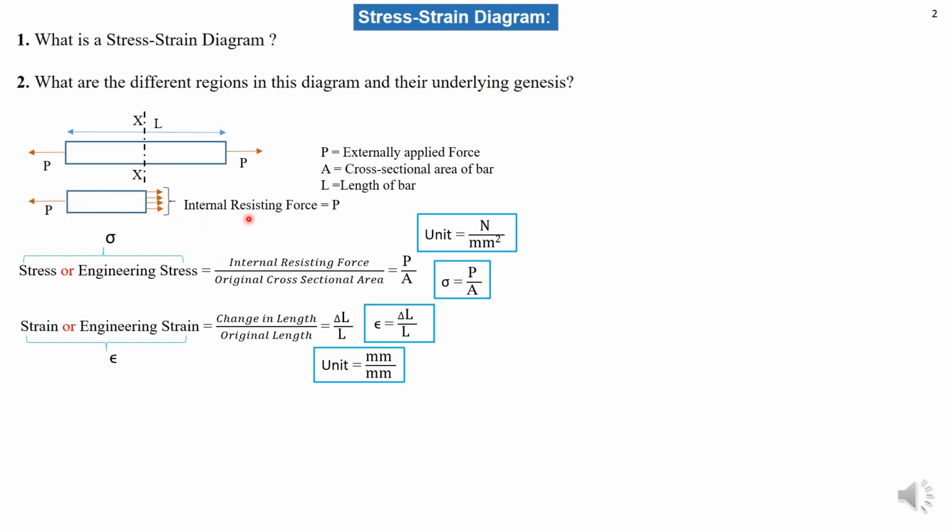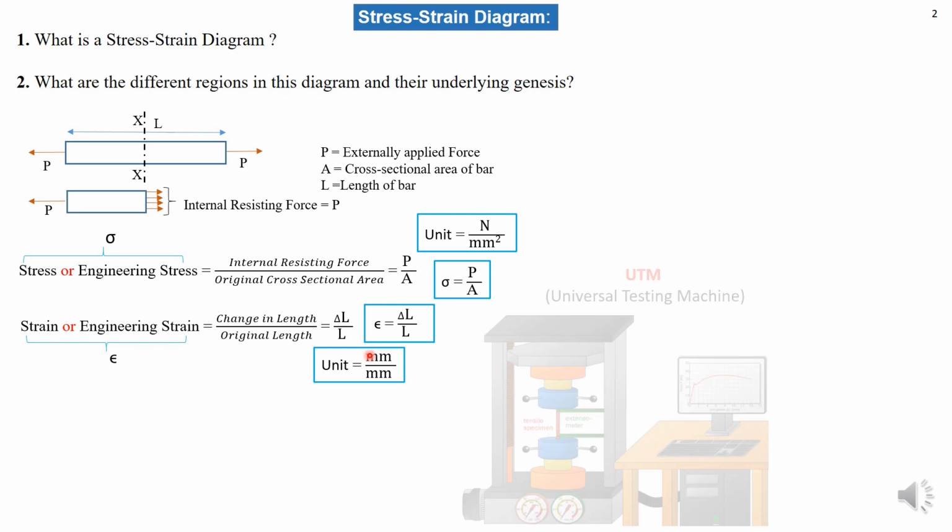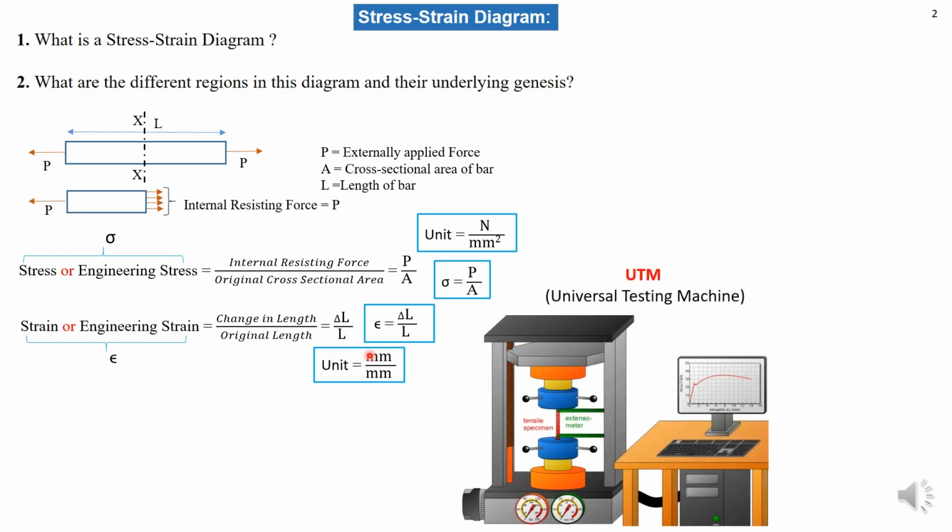The internal resisting force is equal to the externally applied load P. That is why we write stress as the internal resisting force divided by the cross sectional area. And if you have applied a sufficient amount of load such that its length increases, the change in length, delta L, divided by its original length gives rise to the strain, which is a dimensionless quantity.